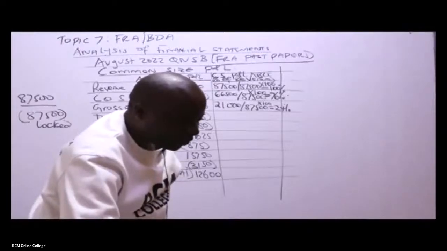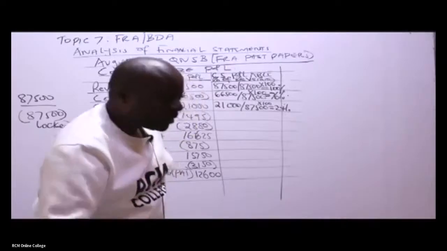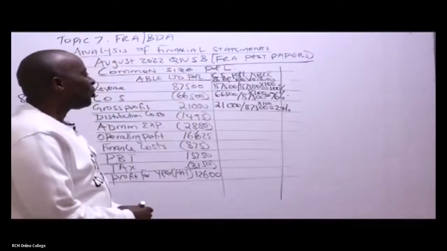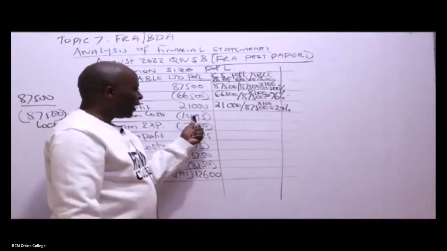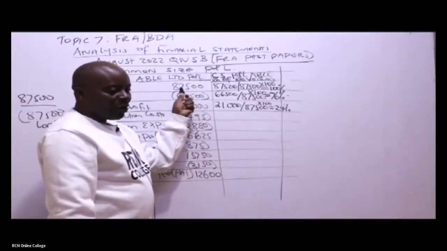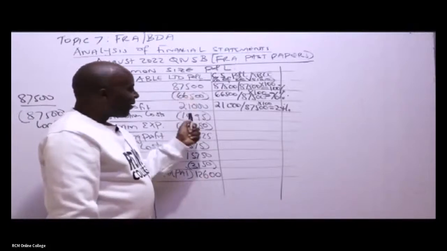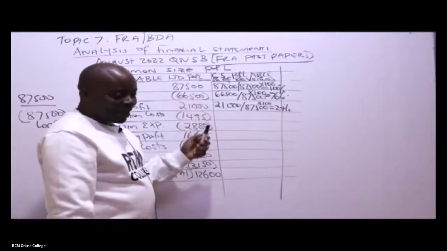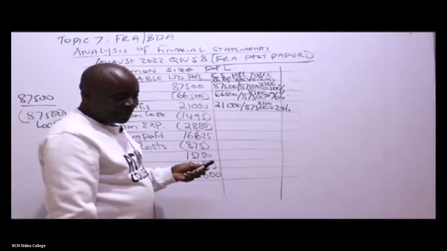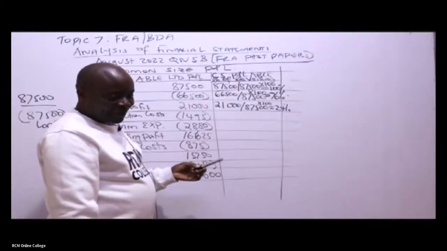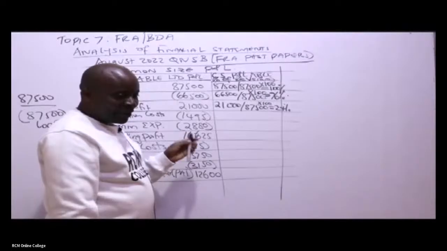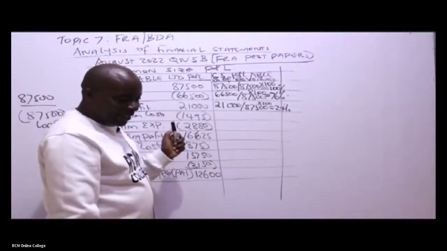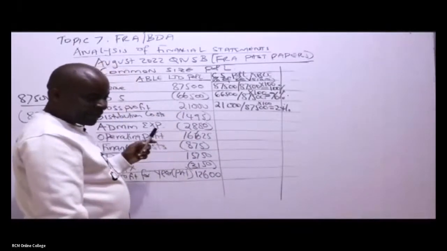Great. So now, ladies and gentlemen, for the sake of my FRA students, are you able to give me these percentages downwards very fast? So this will be 1495 divided by 87,500. Remember, you're dividing everything by 87,500.